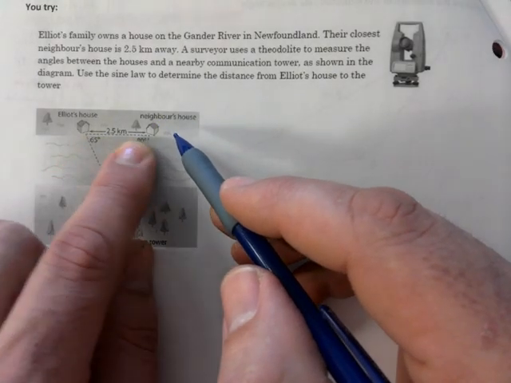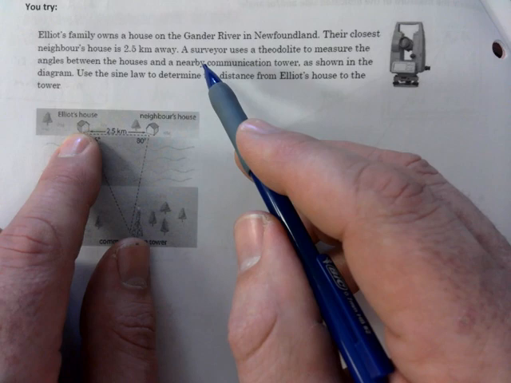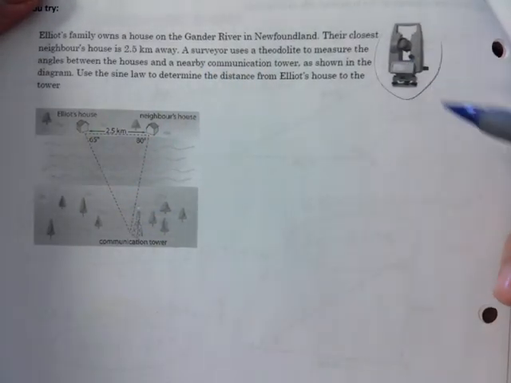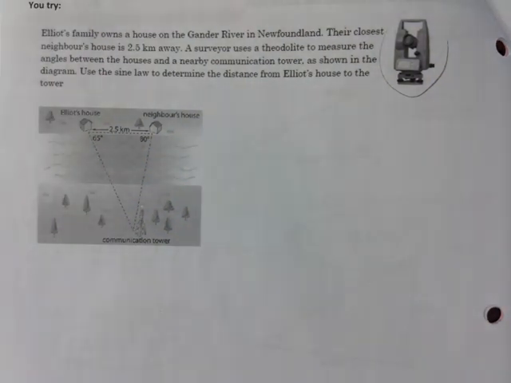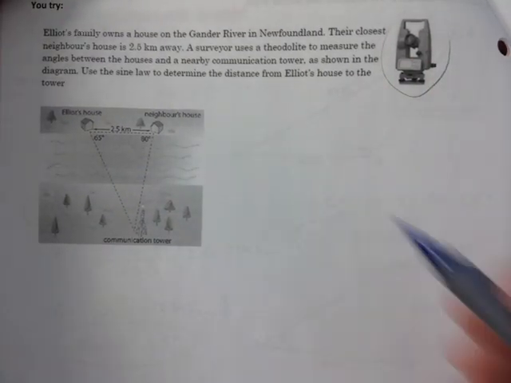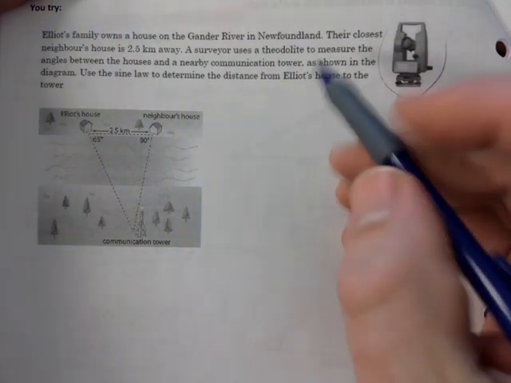So everything is already there, 2.5 kilometers between the houses. A surveyor uses this apparatus, right? Have you ever seen those on the street? Right, one person is holding a stick or a rod, and somebody else is kind of like looking through this. So anyways, they're surveying, they're finding out the slope of the land and stuff like that, the distance.